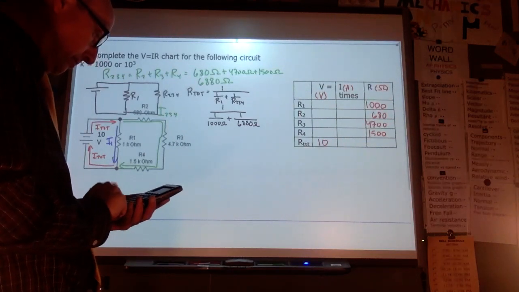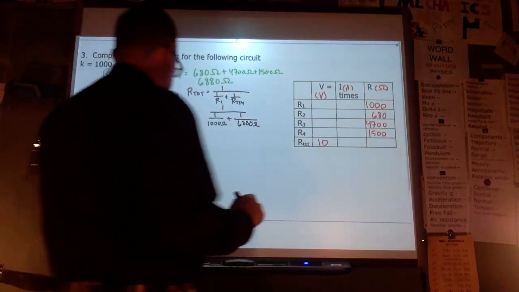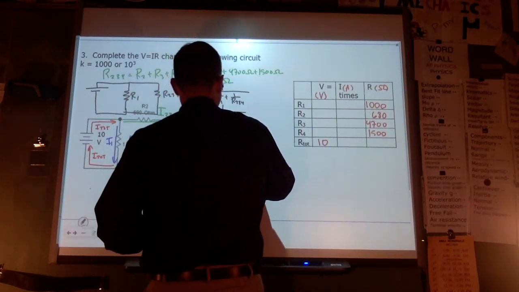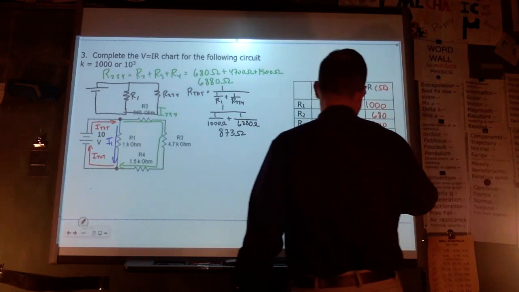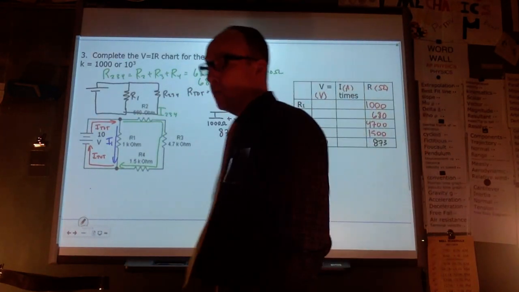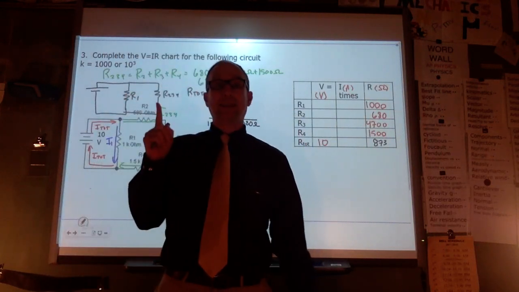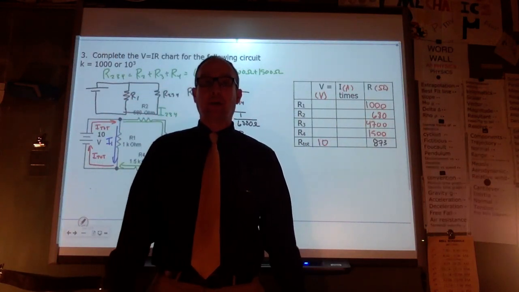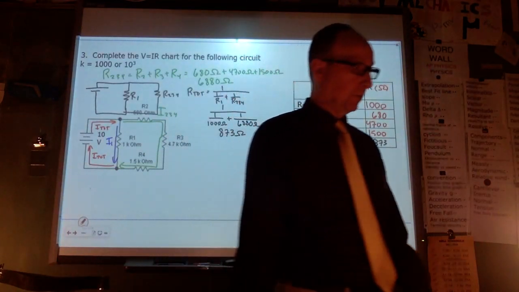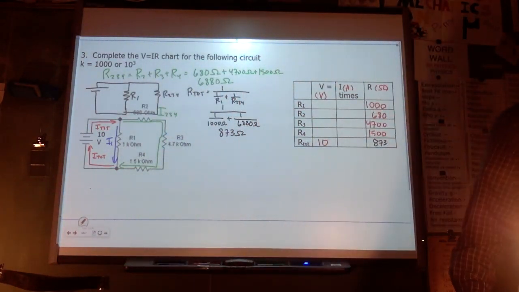So I got 873. So what does this tell me? This tells me that I could have a circuit with a 10-volt battery and one single 873 ohm resistor, and it would behave exactly the same as this one would.